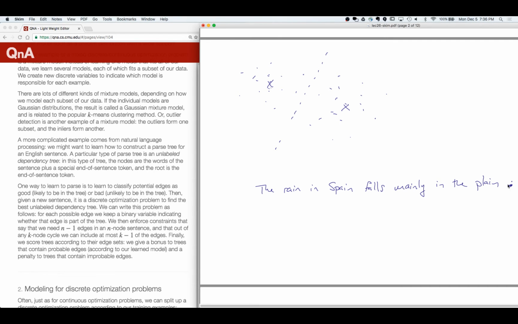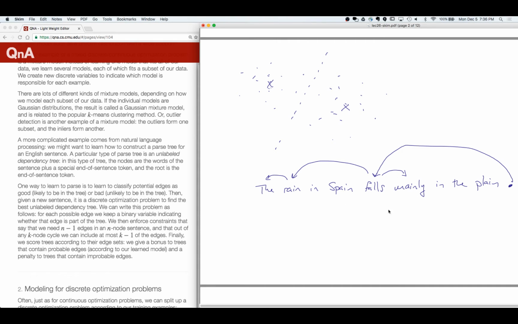The root is always the end of sentence, and then the child of that is the main verb. The child of the verb would be the direct object, and the modifier phrase, right? And you can keep on going, right? The determiner is a child of the noun, and so forth.